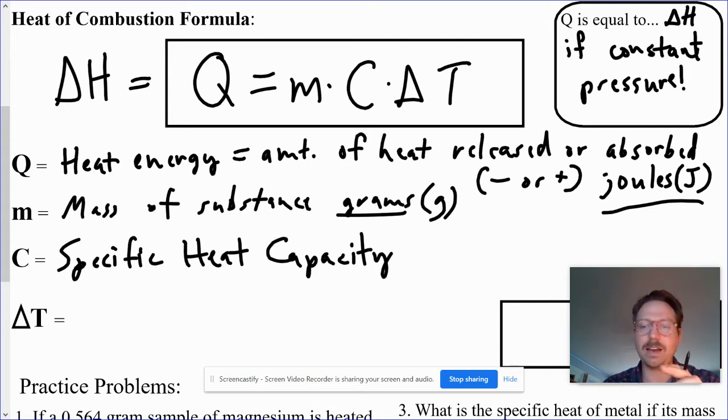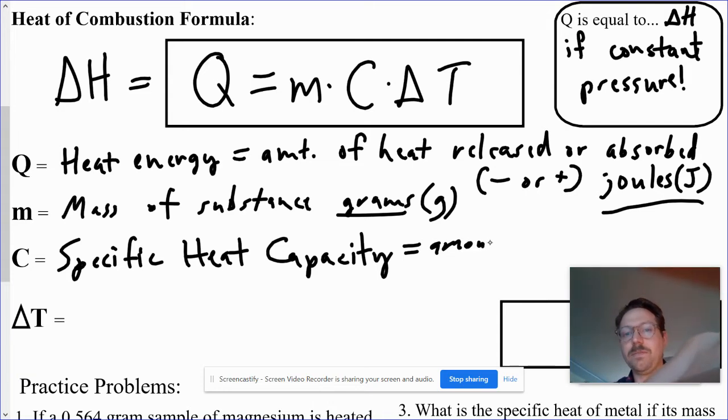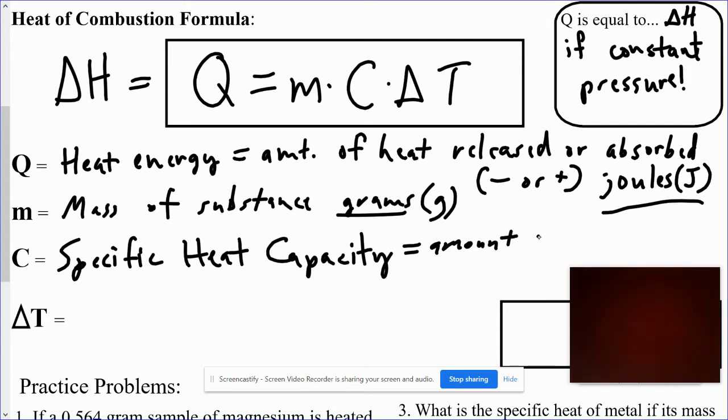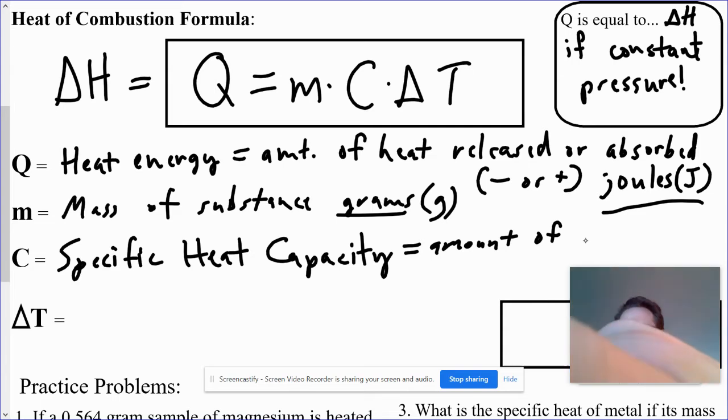Some substances have 1 or 2 joules for every gram that is raised 1 degree. Some have 3 or even 4 joules that they require to take 1 gram of that substance and raise it 1 degree. The higher the specific heat, the more energy it takes to heat up that molecule. And that tells you a little bit about that molecule itself. It tells you that it probably has stronger bonds and intermolecular forces.